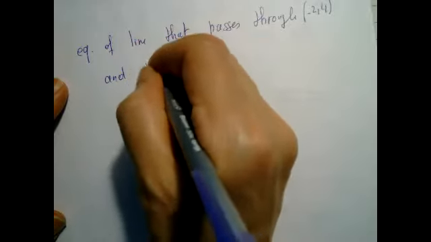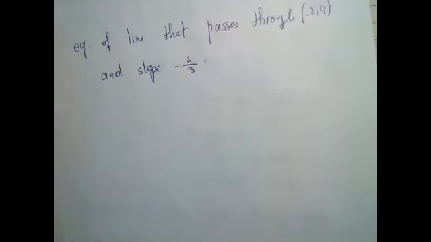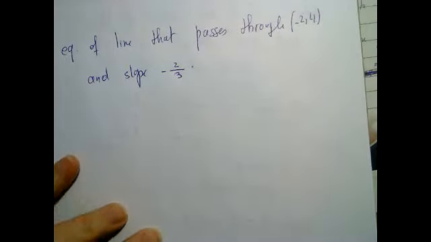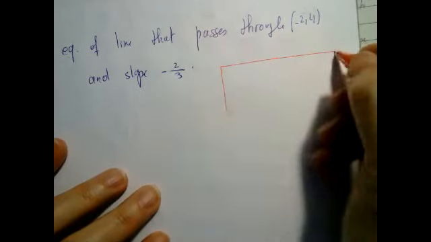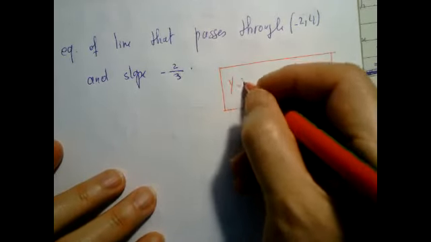This time I gave you the slope. I'll give you a minute to figure it out yourself. Use the point slope form, and I will put here the formula for the point slope form because I want it to be drilled in your head clearly.